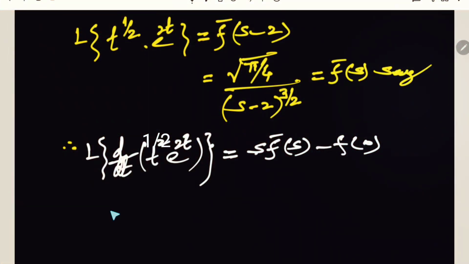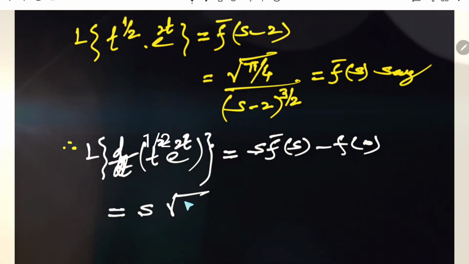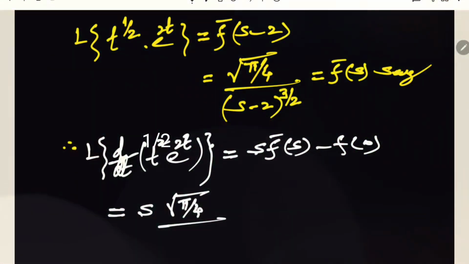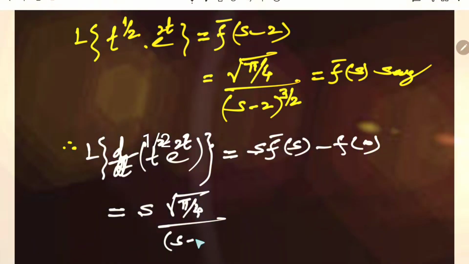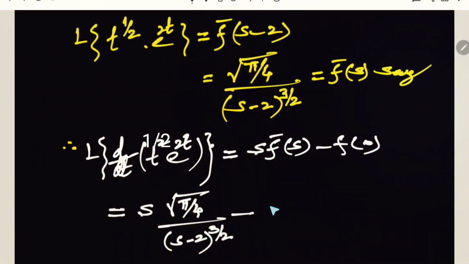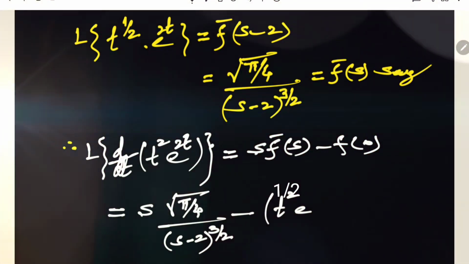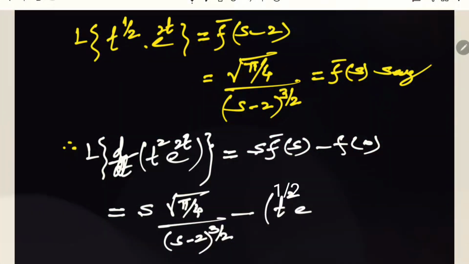Substituting the previous value of f bar of s, we get its value as s into square root of pi by 4 divided by (s minus 2) whole raised to 3 by 2 and minus f of 0, that is t raised to 1 by 2 into e raised to 2t at t is equal to 0.